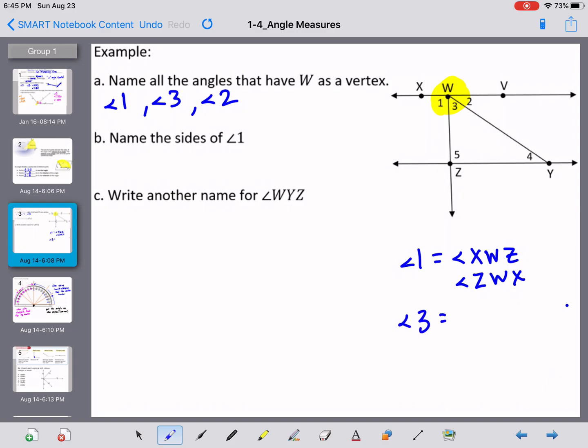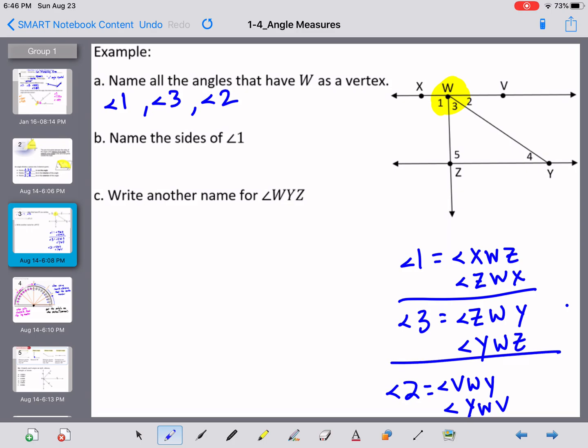Angle 3 is angle ZWY, or if you wanted to call it YWZ. And then angle 2 is angle VWY, or if you wanted to call it YWV. All right, so there's kind of how different ways you can name each one of those angles.